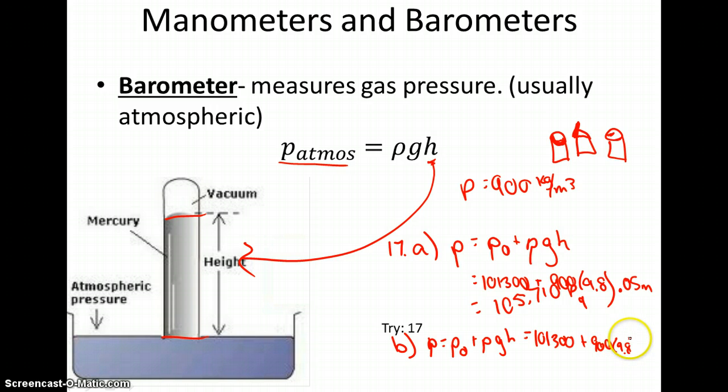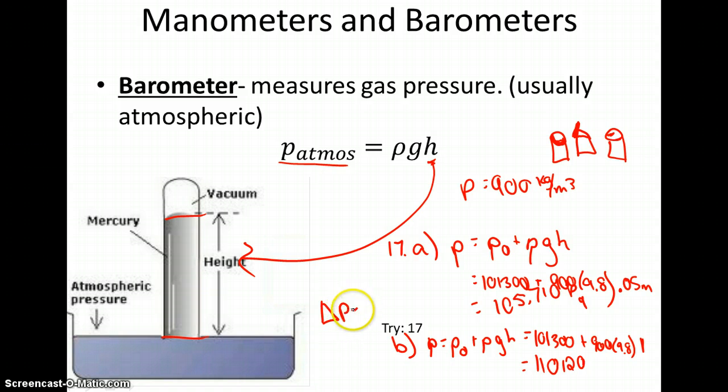Gravity is still 9.8. Only this time I'm looking at a depth of 1 meter, and so I get the pressure at point B to be, let me see, what is it, 110,120 pascals.